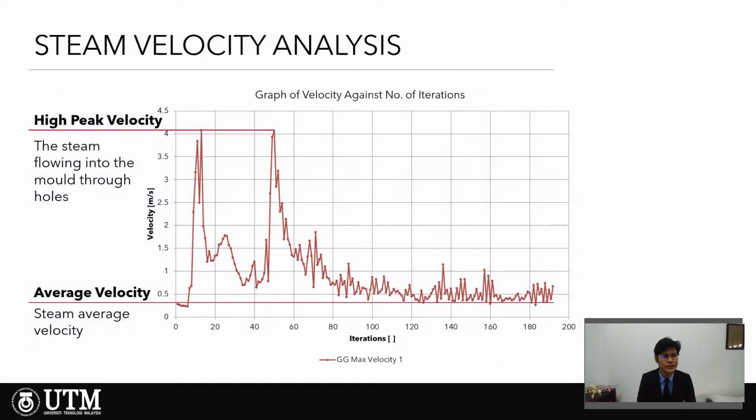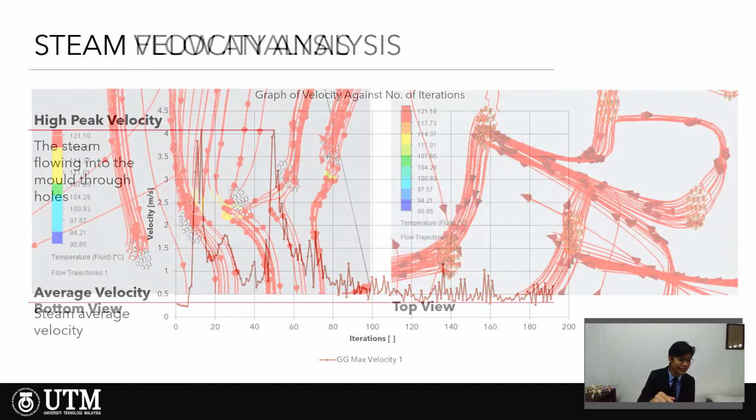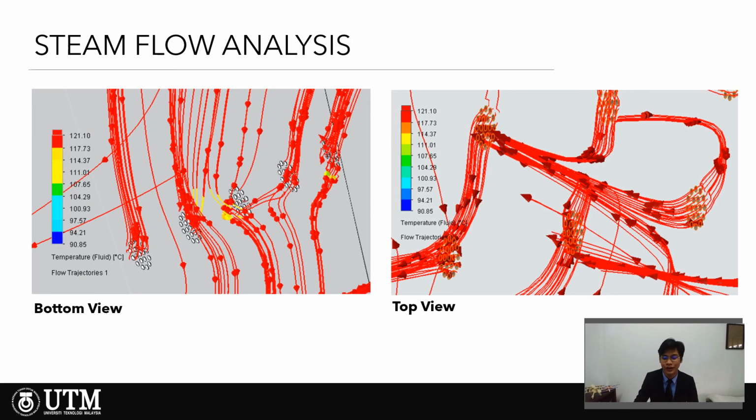So in the steam velocity analysis, you can see there is a high peak and then two high peaks, which is the steam flowing into the mold holes, and then an average of 0.3. You can see the steam flowing in from the bottom and then steam flowing out from the top view.